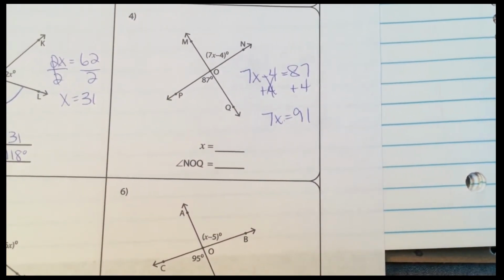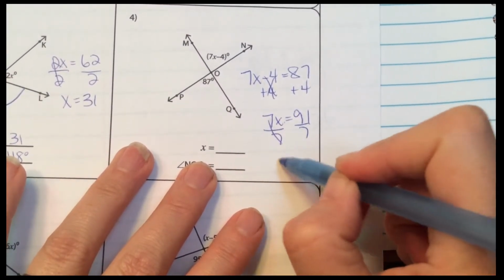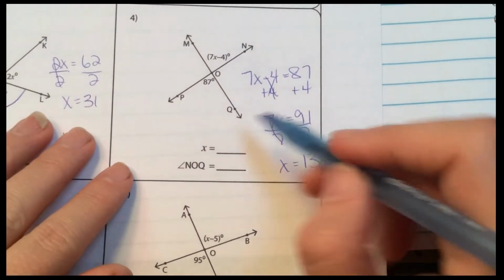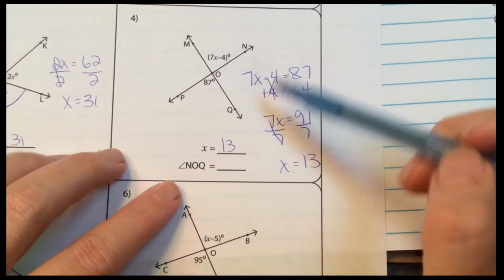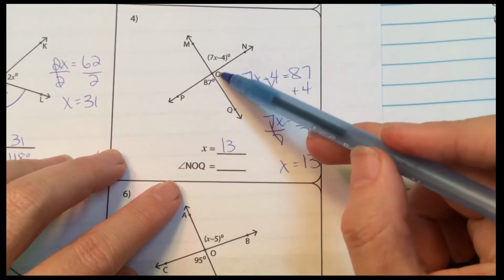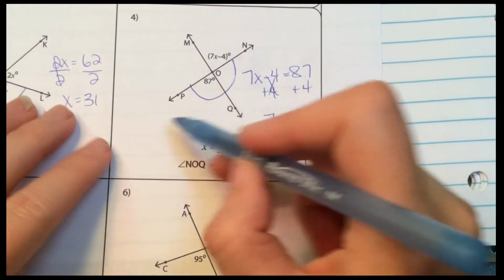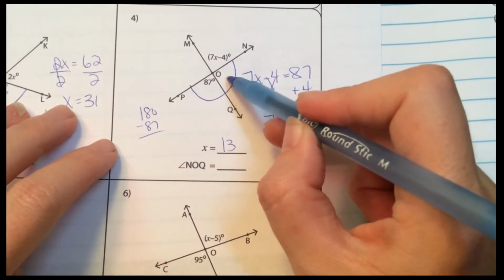No. Okay, yeah, it works out. All right, if I divide by 7, I get 13. 91 divided by 7 is 13. So x is 13. So let's see what they asked us for. The measure of NOQ. Well, again, if I take 180 minus 87, that'll give me this piece over here.